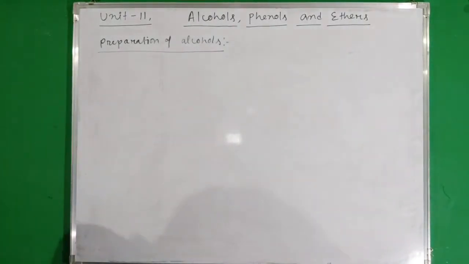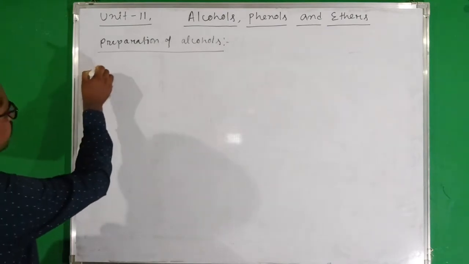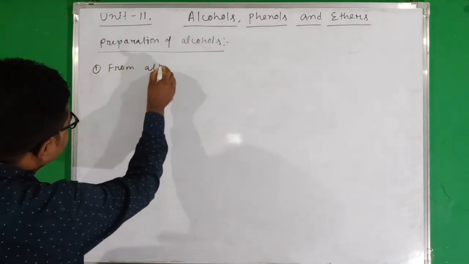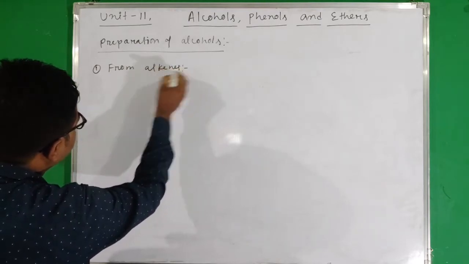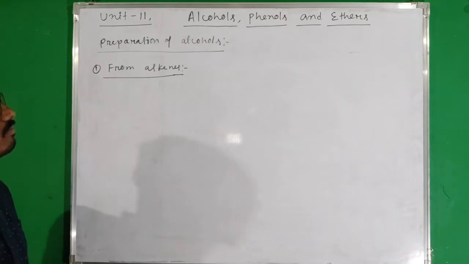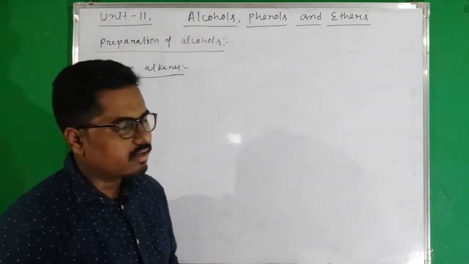First, number one, from alkenes. That means we will prepare alcohols from alkenes.